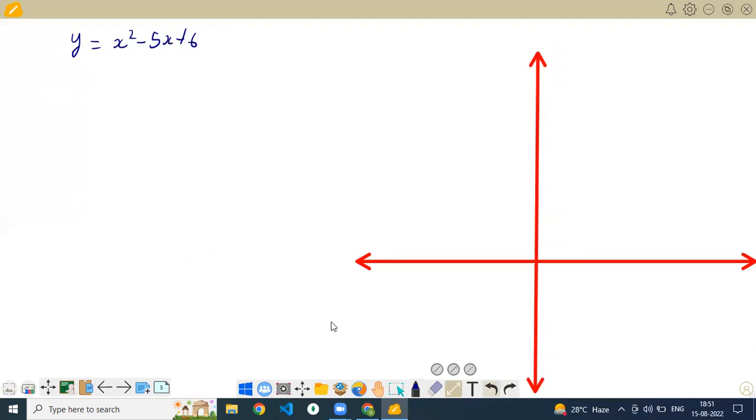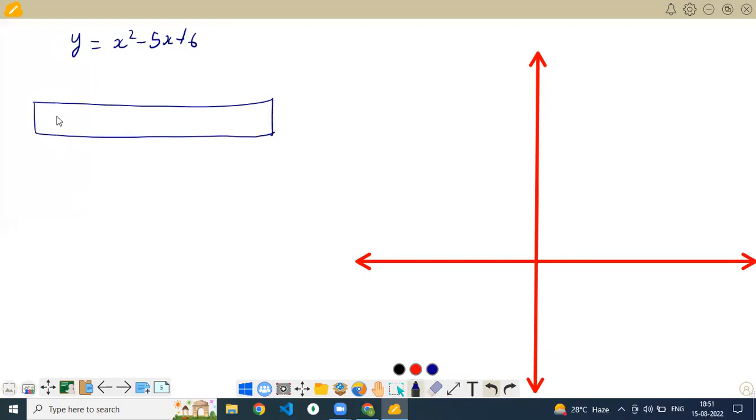So if I draw this table now, if I put x is 0, then y will be 6. If you put x is 1, then 1 plus 6, 7 minus 5, 2.